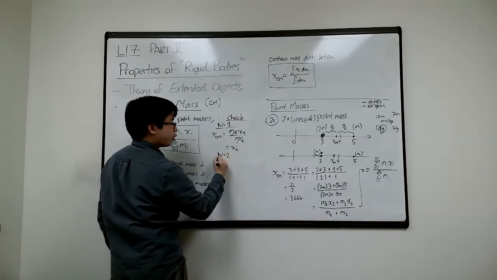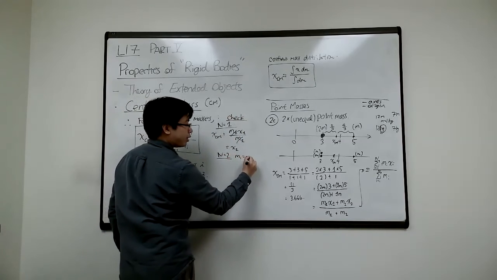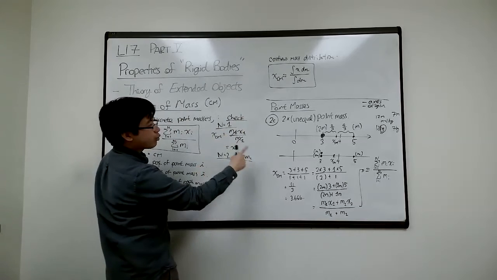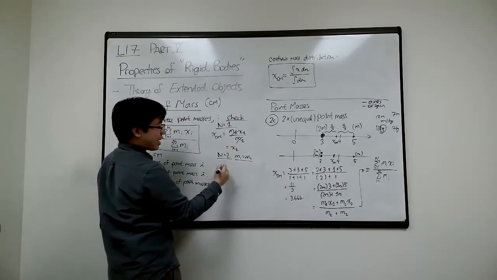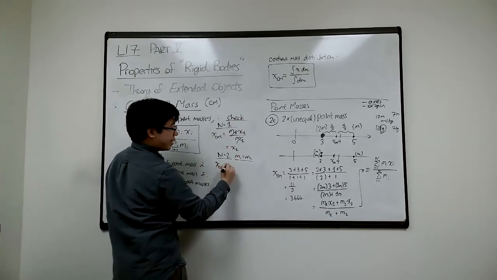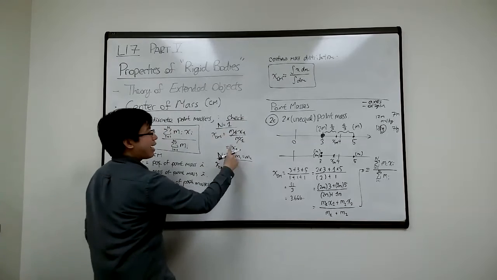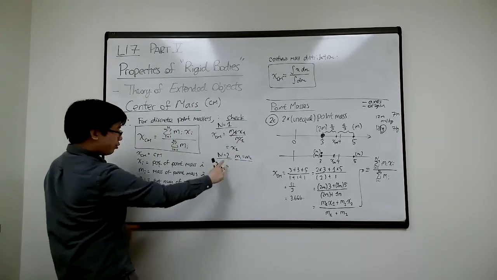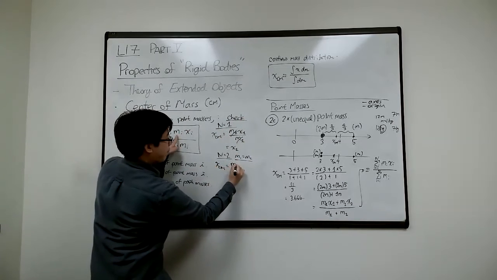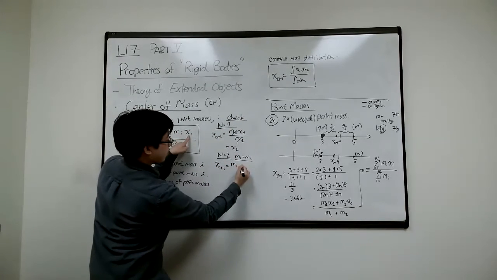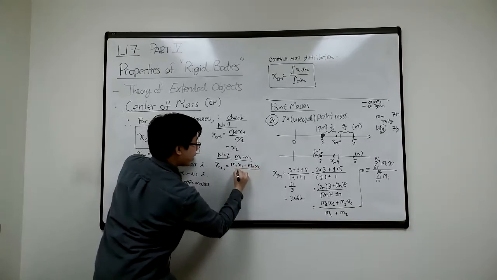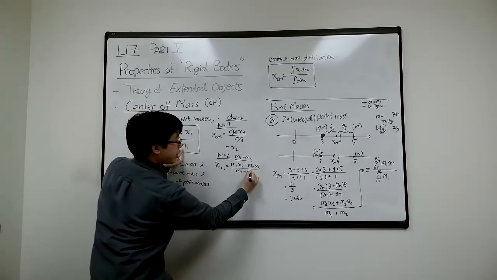So we'll do a check, right? If N equals 2 and m_1 equals m_2, right? That's my case 2B, I think, or 2A. I forgot. I think it's 2A. Then x_cm is m_1 x_1 plus m_2 x_2 over m_1 plus m_2, right?